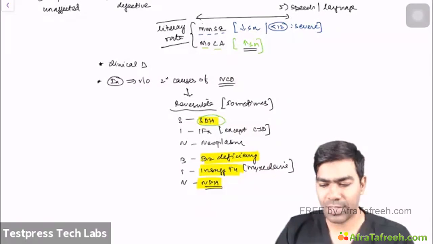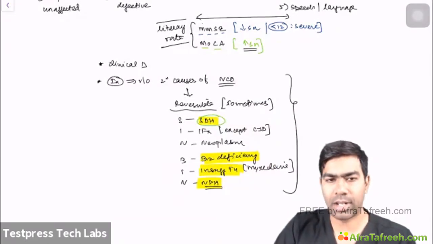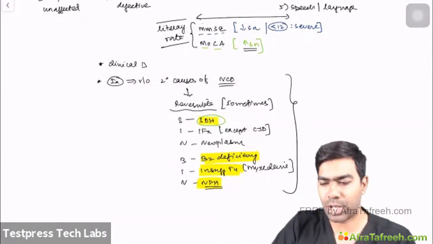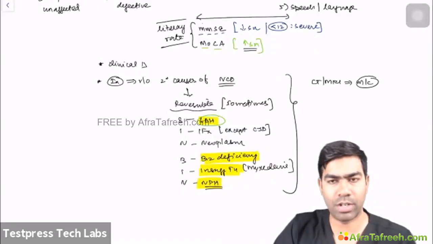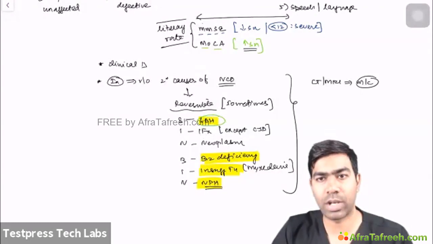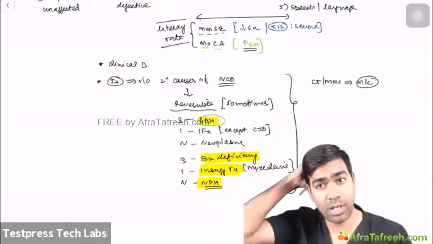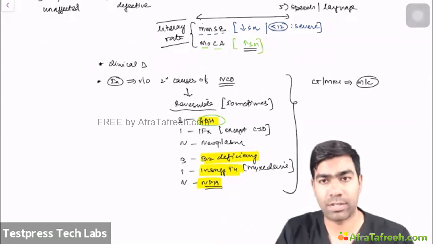So what are the investigations that you can do? Basically, there are many investigations. For example, you can do a CT or an MRI. It's the most common investigation done for any neurocognitive dysfunction. Someone is asking what NPH is: NPH is normal pressure hydrocephalus.